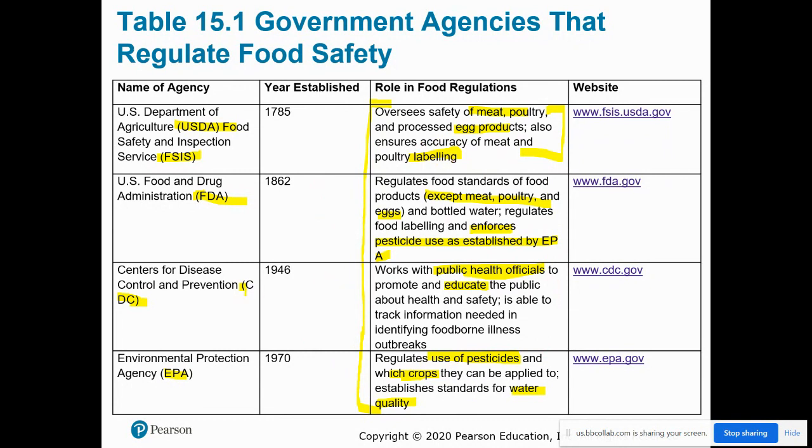And then you have the Centers for Disease Control and Prevention, and they're supposed to be out there educating and teaching the public about these food safety protocols. But yet the CDC doesn't, in fact, oversee or do any of the regulation themselves. So you start to see how fragmented it can be, at least a little bit.